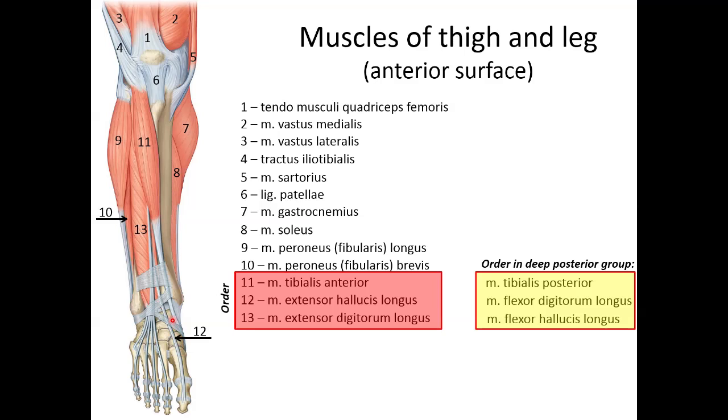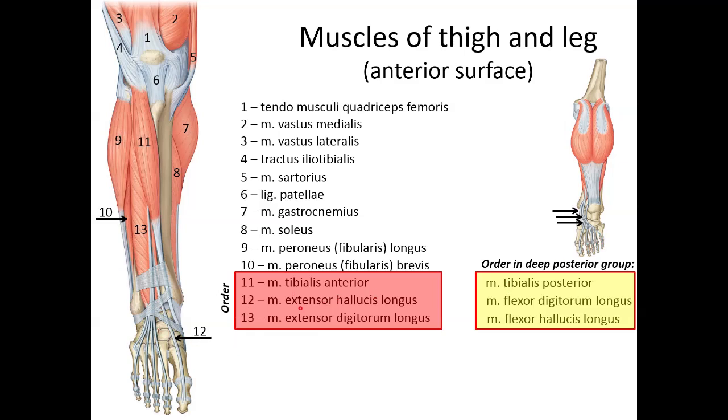Anteriorly we can easily distinguish extensor hallucis longus because its tendon is quite well seen. But we should know that in the posterior group, flexor hallucis longus is third in this order. So for us it could be easy to compare them.